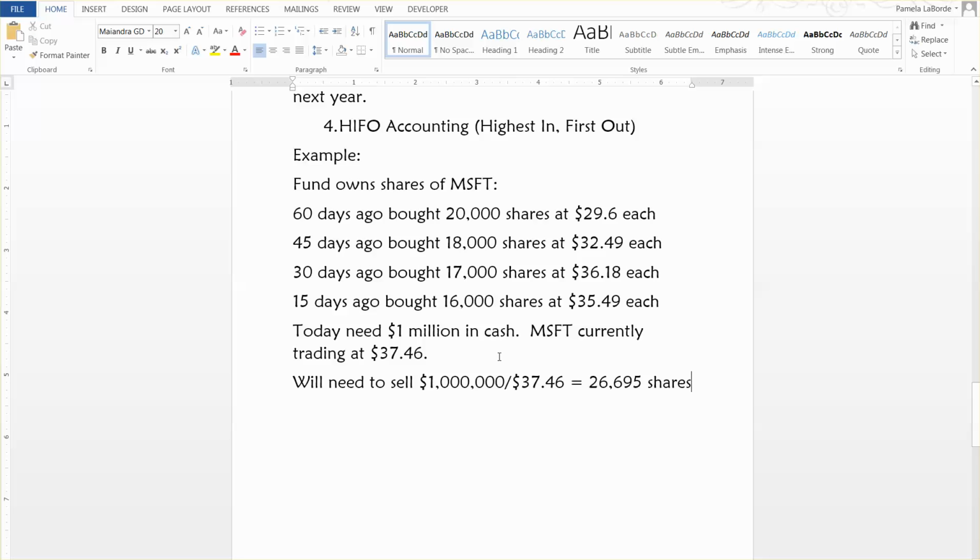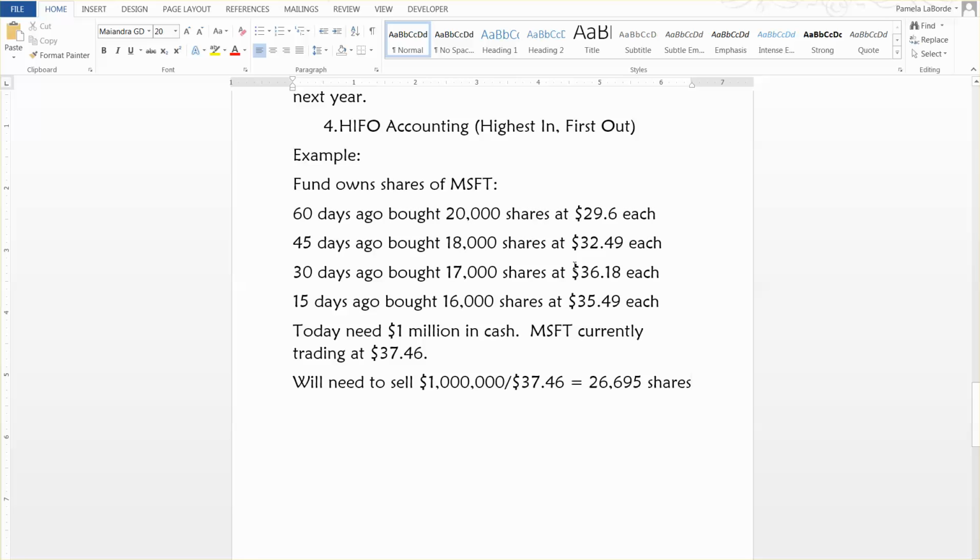Well, they want to do it in the order that's going to result in the lowest capital gain. Regardless of which shares they sell, they'll still get 37.46 per share. They have gains on all these shares because the price right now, 37.46, is higher than the prices they paid for these shares.